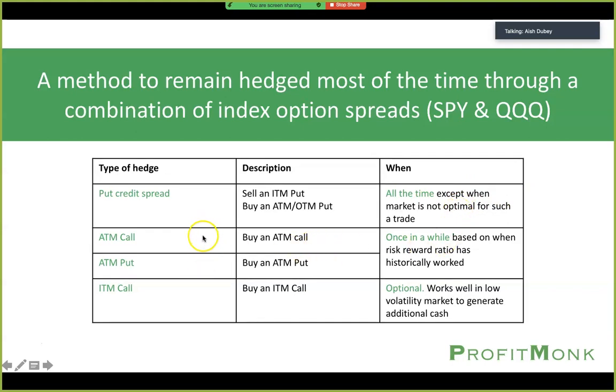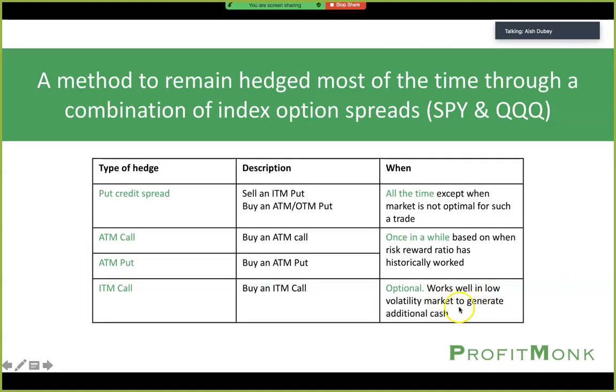So ATM call and ATM put you will use once in a while. You won't see that too often, but you will see them based on when the risk reward ratio has historically worked. In the money call is an optional thing, but what I have personally seen for my own trades is that it works well in low volatility and trending markets, which is, let's say, 70-75% of the time.